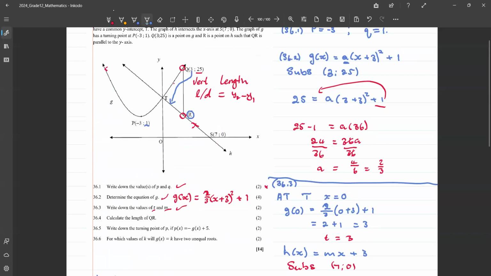Going forward, we will then look into 3.5. So 3.5 says write down the turning point of P if P of X is negative G of X plus 5. This is a transformation question.